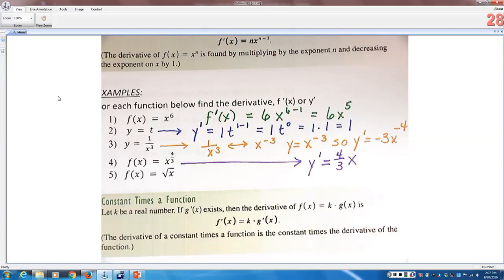What do you do with the power after you've dropped it down in front and used it for a coefficient? What do you have to do with the power then? Subtract 1. So what's 4/3 minus 1? 4/3 minus 1. 1's the same as 3/3. Got a bracket calculator that does fractions.